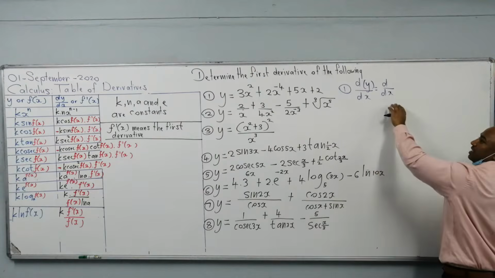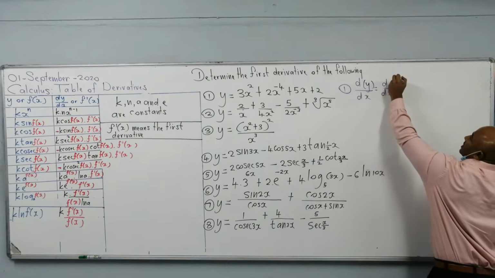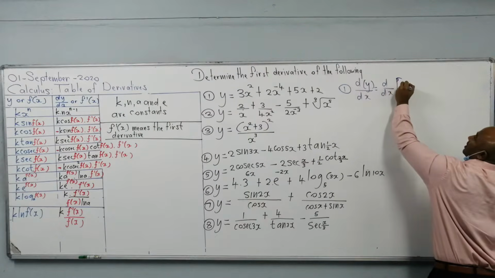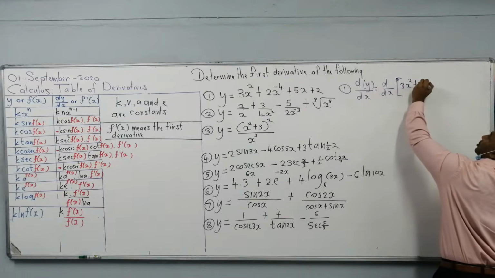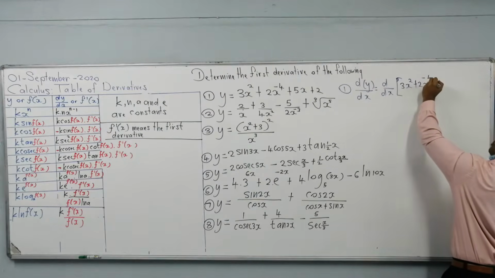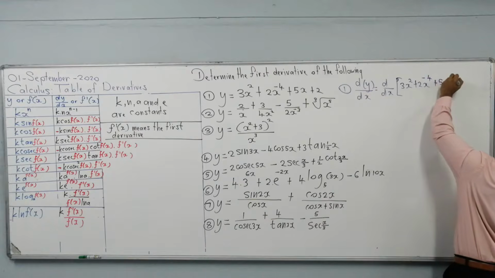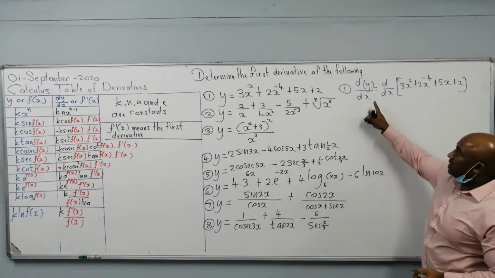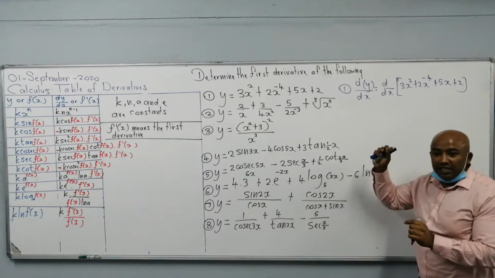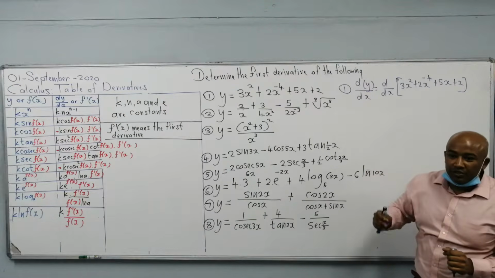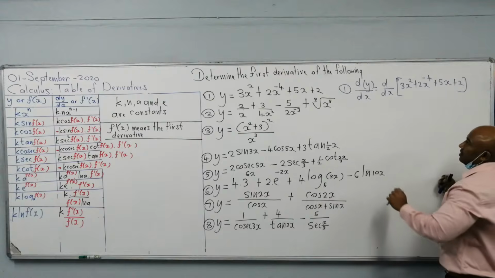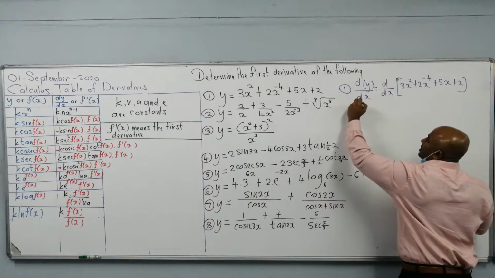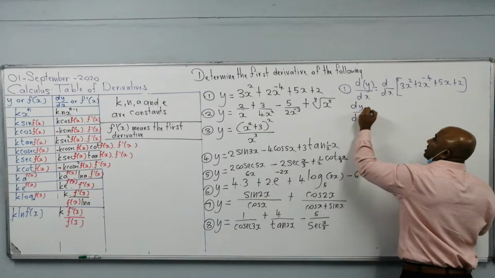Whatever you do on the left hand side, you do on the right hand side. D over dx of 3x squared plus 2x to the power minus 4 plus 5x plus 2. So what does this mean? D over dx, I'm differentiating y with respect to x. Okay, so now I have dy over dx.